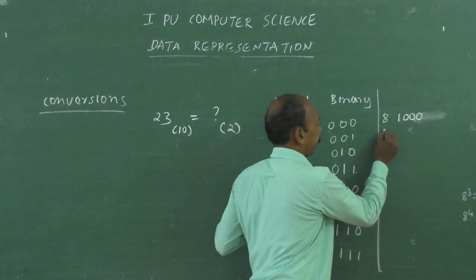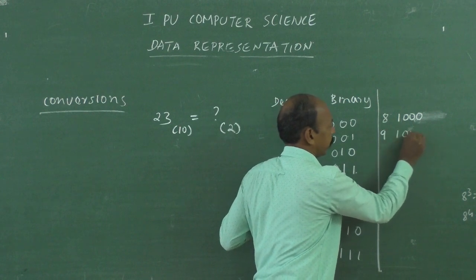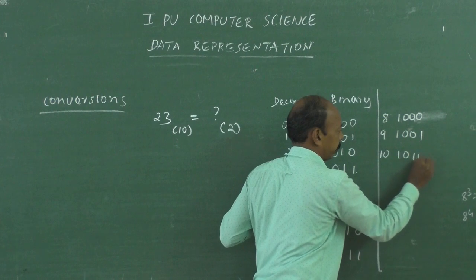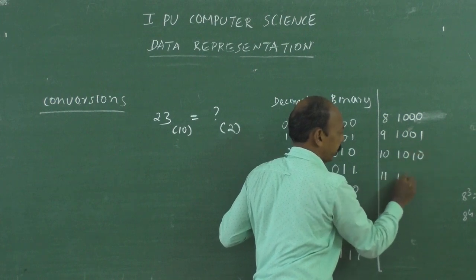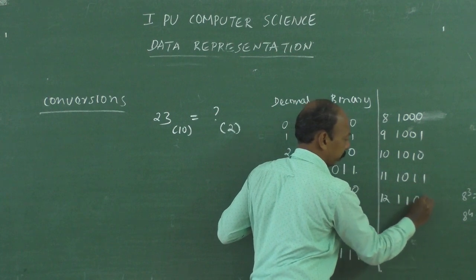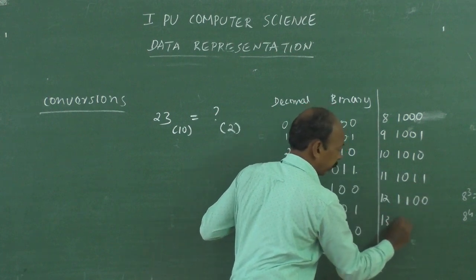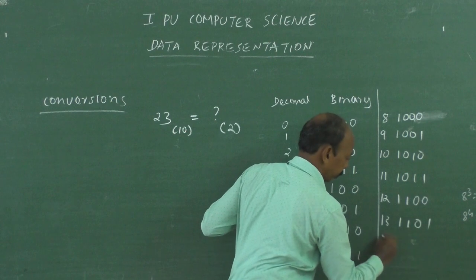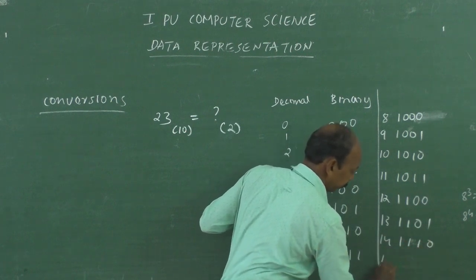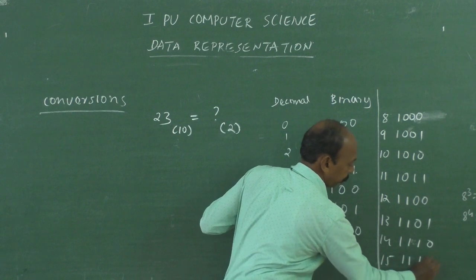Then 9 is 1001, 10 is 1010, 11 is 1011, 12 is 1100, 13 is 1101, 14 is 1110 and 15 is 1111.